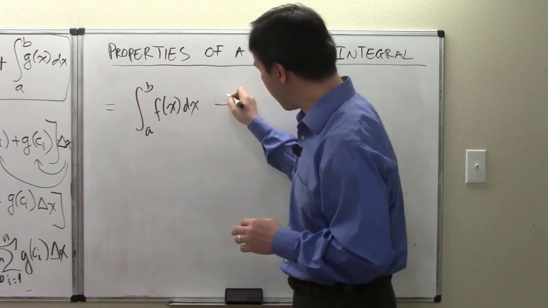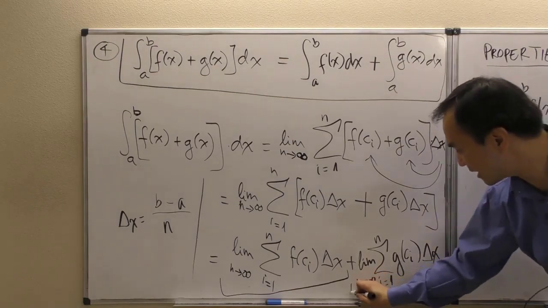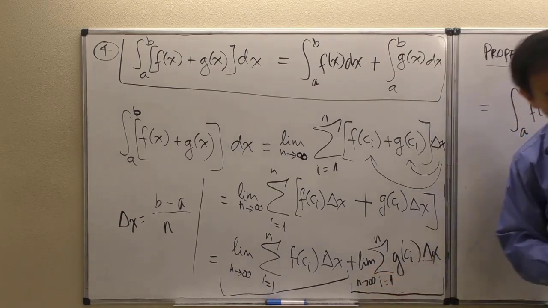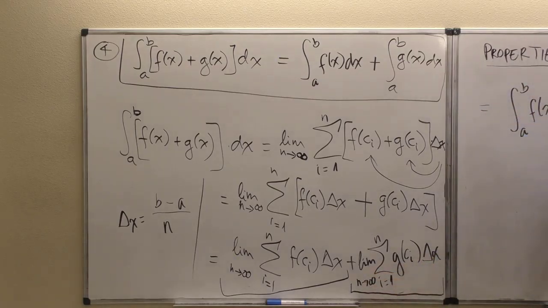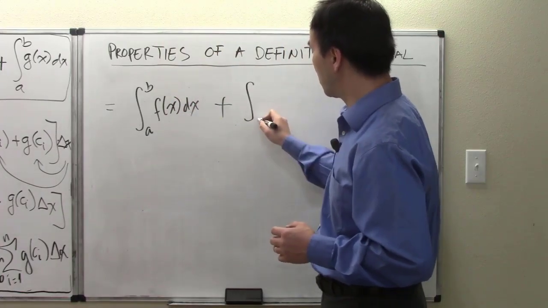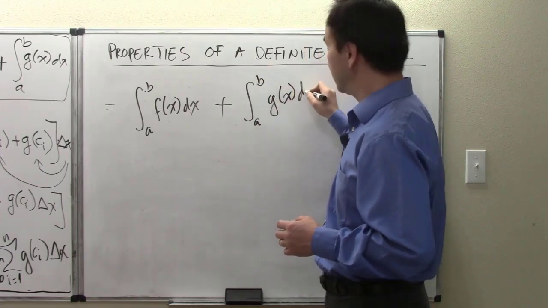And then we're going to add, and for the other one, I'm going to do another separate bracket underneath that part right there. With this bracket, as n increases to infinity, that produces for us consequently a definite integral accumulating from a to b again, but specifically on the function g of x dx.